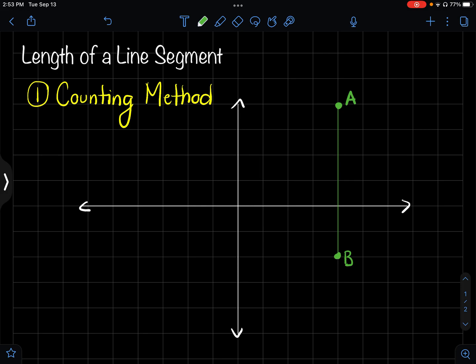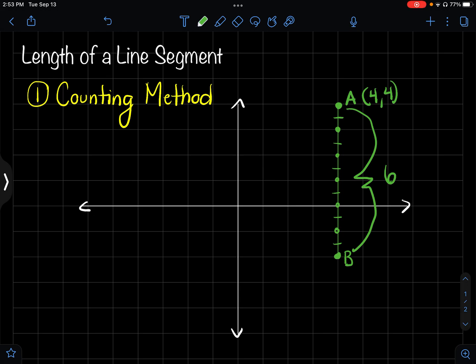So starting at A, this looks like it's 4, if each box was 1. So counting down to B, 1, 2, 3, 4, 5, 6, your distance here looks like it would be 6. There's 1, 2, 3, 4, 5, 6 equal sections.